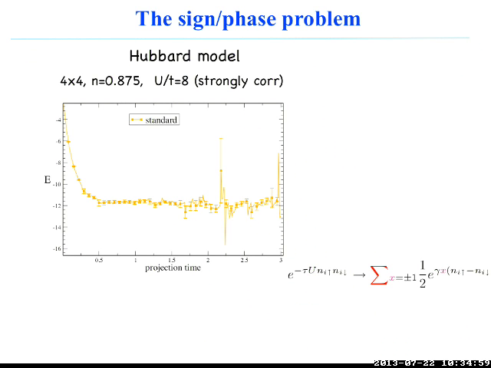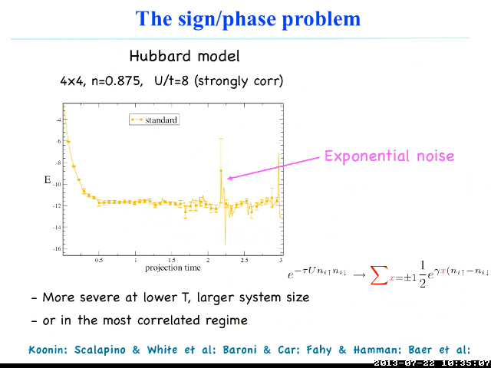Okay? And this has exponential noise because of this fact that some of them will be positive, some of them will be negative. So this is most severe at lower T. Lower T here just means I'm now sneaking in the finite temperature formalism. But for the ground state, it just means projecting longer, making the path longer, right? The problem gets worse at lower T, for larger system sizes, or in the most correlated regime, like here.